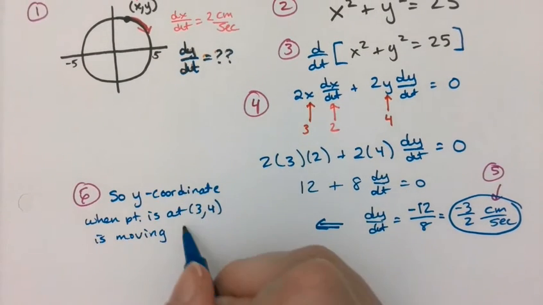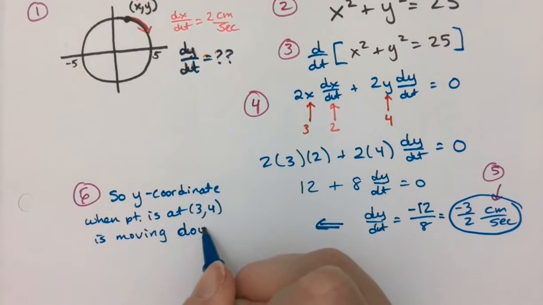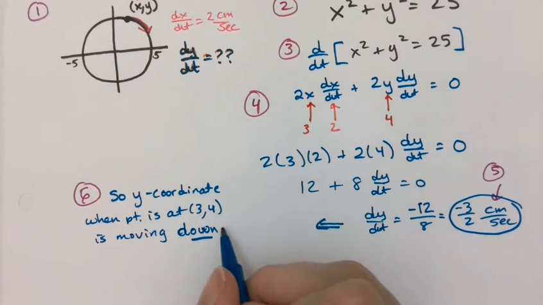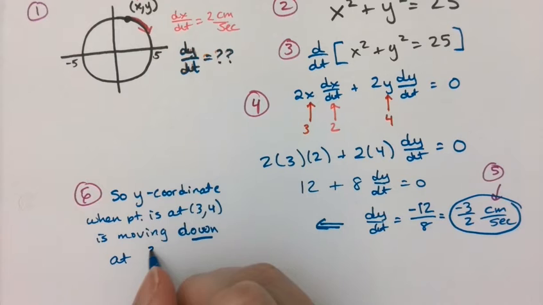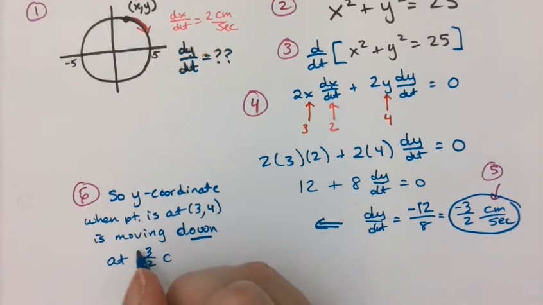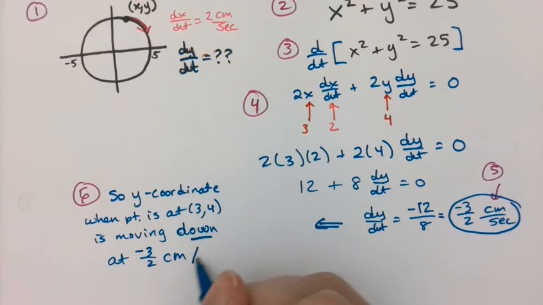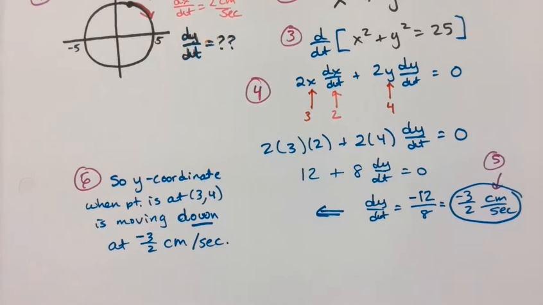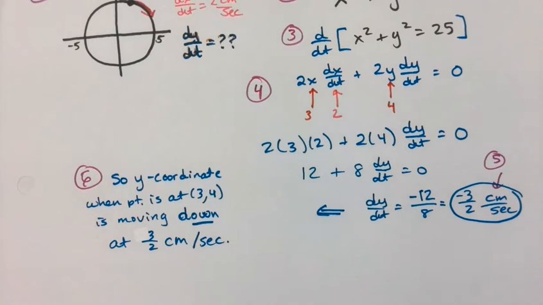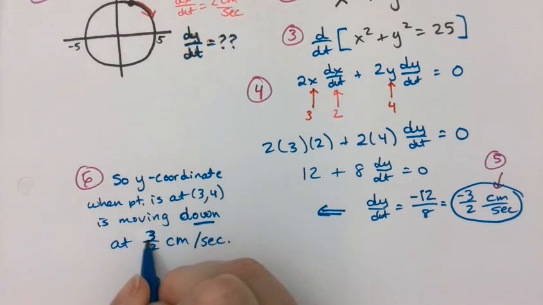So it's moving down at 3/2 centimeters per second. I guess the word down takes care of the negative part, so I don't really need the negative there.